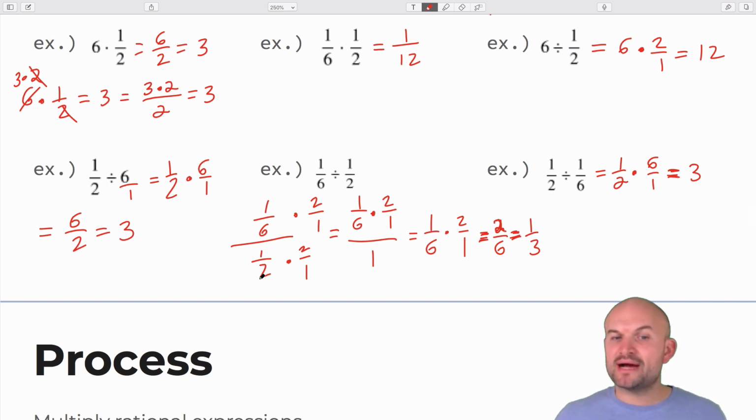Well, I need to multiply by its reciprocal, right? Because anything multiplied by its reciprocal is 1. And you can't just multiply the denominator by its reciprocal. You have to multiply the denominator and the numerator to keep an equivalent fraction. And when you do that, you obviously get 1 in the denominator and you get the keep, change, flip in the numerator. And that's why that works. And that's how you can go ahead and get your correct answer.